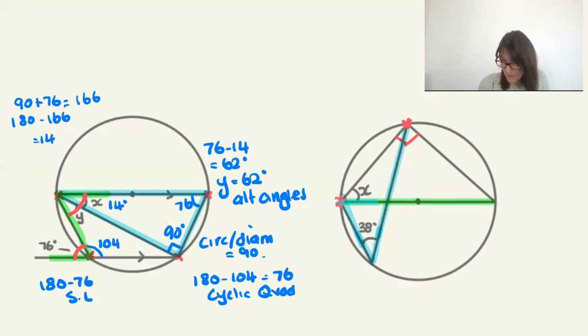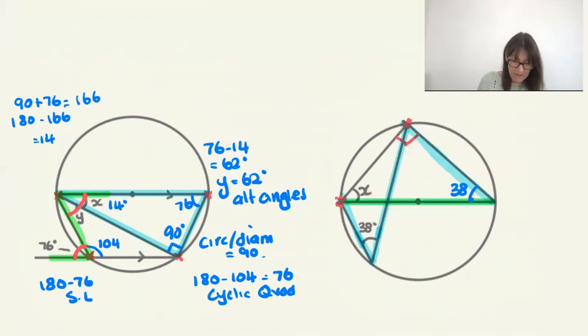So if I come out along this one and I come out along this one, then I'm doing exactly that. So I can go there to get 38, or I can go there to get 38. So I now know that is 38 degrees. Now this is coming together really nicely because I've obviously got a triangle here now, and I've got two pieces of information, which means I can work out my X.